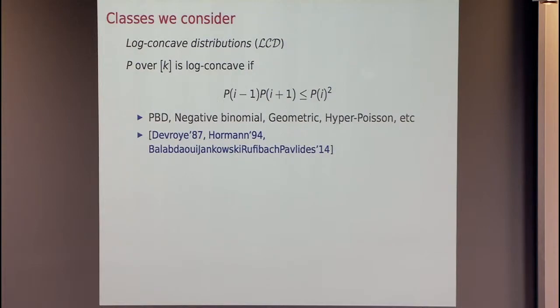So there has been a lot of recent work on studying the rates of convergence of estimators for log concave distributions, and slightly disappointing that for discrete log concave distributions, I couldn't find any results that are independent of the alphabet size.